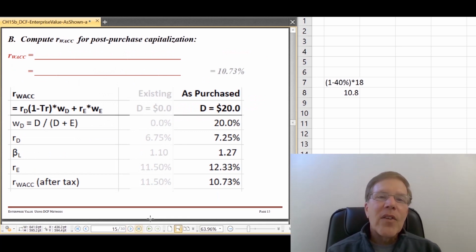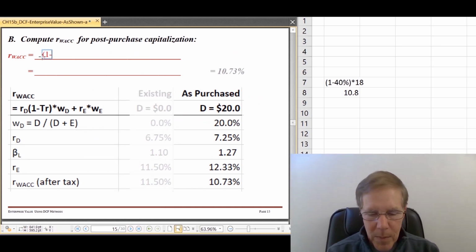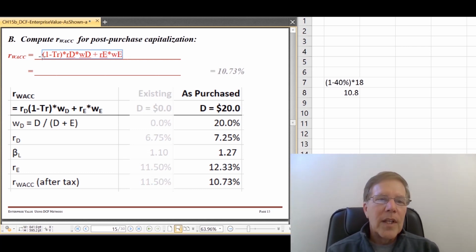Okay, so next let's compute our weighted average cost of capital, our WACC, for our post-purchase capitalization. So again, that's going to be 1 minus the tax rate times our RD times our WD, plus our RE times our WE.